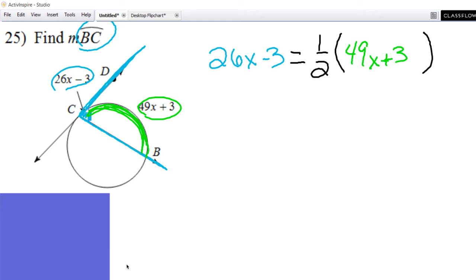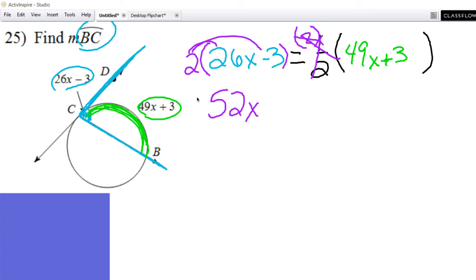So remember, we multiply times 2 to get rid of it. Again, I have more than one number, so I need to multiply both numbers by 2. So 26 times 2 is going to be 52x. 2 times negative 3 gives me negative 6. On the other side, I just have the 49x plus 3.